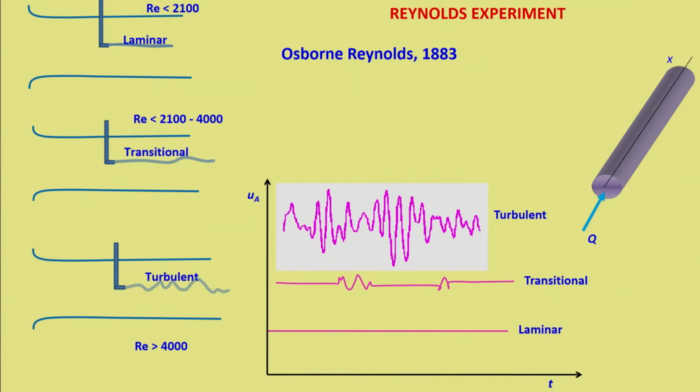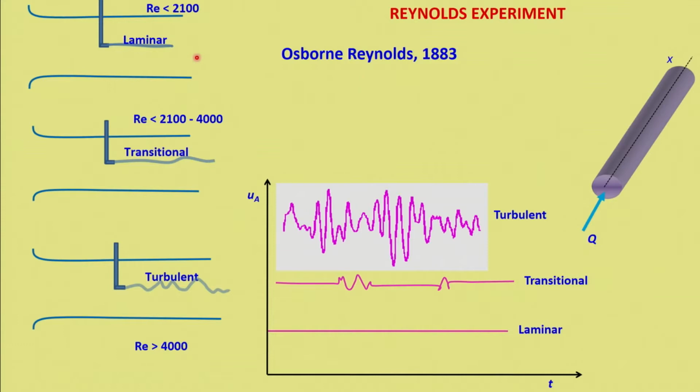Can I get laminar flow for Reynolds numbers greater than 2100? Yes, we can. So far, to the best of my knowledge, as given in Schlichting, we have been able to get laminar flow for Reynolds number up to 40,000.